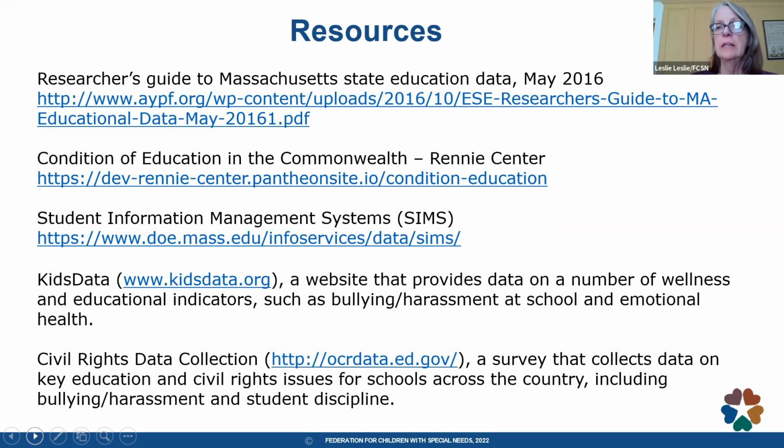And these are two links to federal sites where you can get more statewide data and then compare it to other states if that's an area of interest for you. I'm not sure if the OCR website dives down into districts. I think it does, but I haven't checked it out in a while. But that's another website that collects data, especially data around discipline. So there's lots of places to find data.